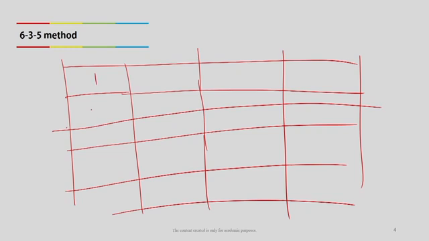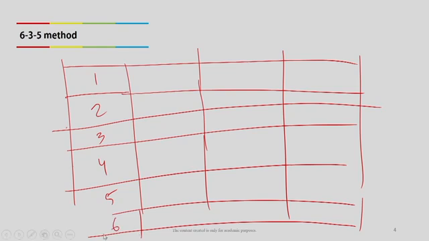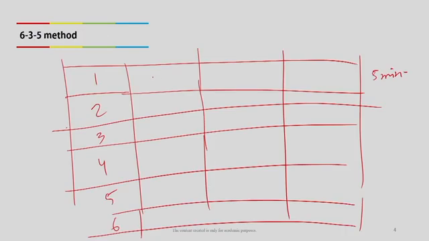So, 1, 2, 3, 4, 5 and the 6th person will be there, and they will generate 3 ideas in 5 minutes. Idea 1, idea 2 and idea 3. Within 5 minutes he has to create 3 ideas.